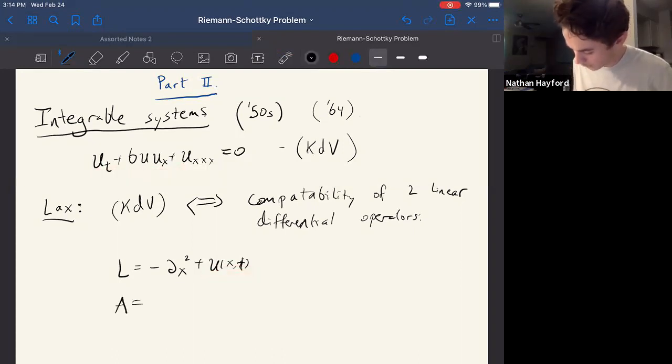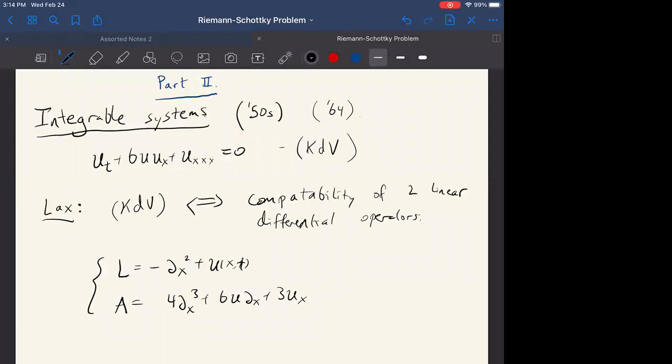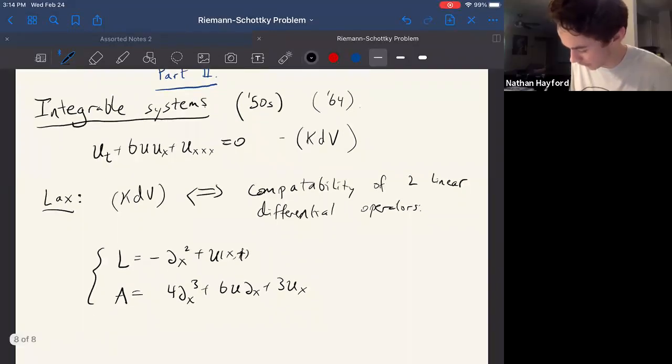And another operator A, which is dx cubed plus 6 u dx plus 3 ux. And I think this is probably where Fedon will correct me, some of my constants are probably off. Are they right, Fedon, or are they wrong? Or you don't know? I don't know, but it doesn't matter. The difference will change whether this is plus or minus, I'm pretty sure.